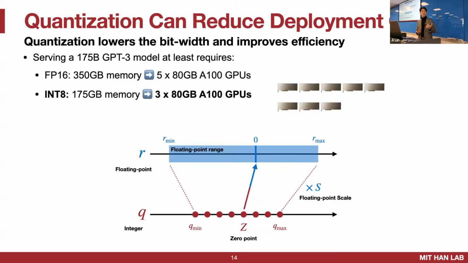Then for a 175 billion parameter model, you require at least 350 gigabytes of memory just to hold the model. It corresponds to at least 5 A100 GPUs with 80 gigabytes of memory each. On the other hand, if we can quantize the model with int8, then we can instantly reduce the GPU memory by half. So now we only require 3 GPUs for inference.